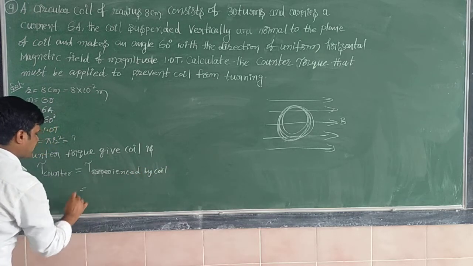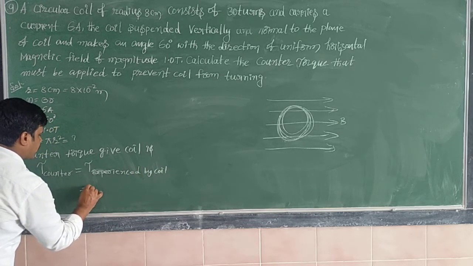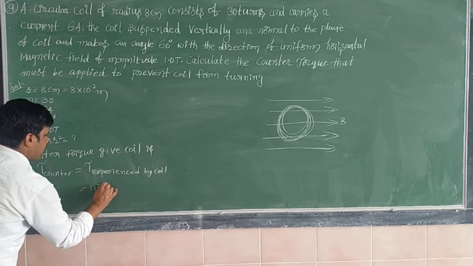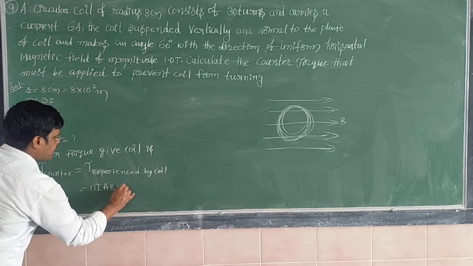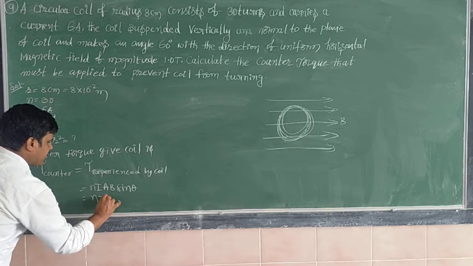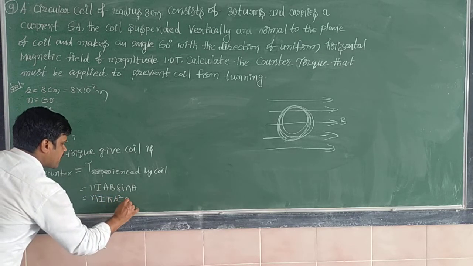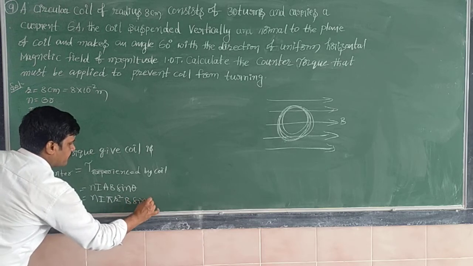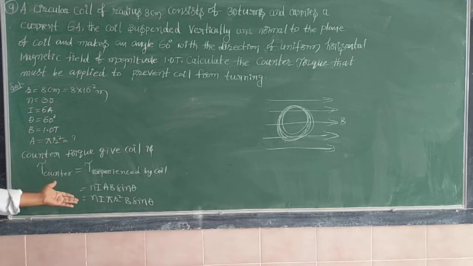What is the torque experienced by the coil? Tau equal to NIAB sin theta. So NIA means pi r square B sin theta. Right. By using this formula, by substituting all the values, we just have to find it.